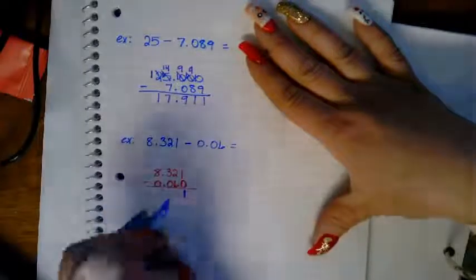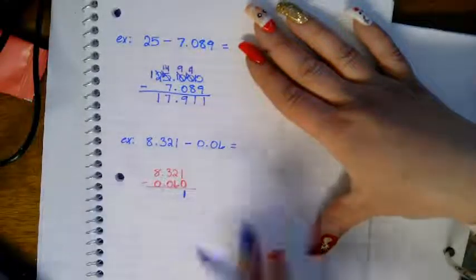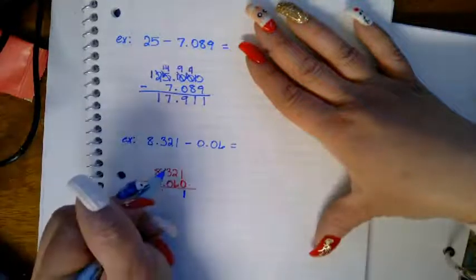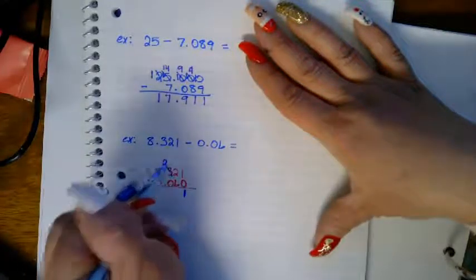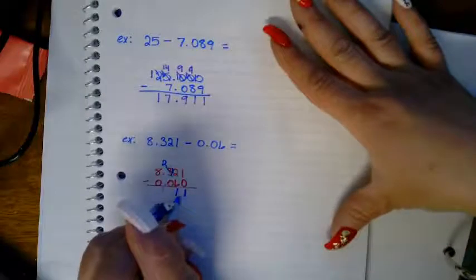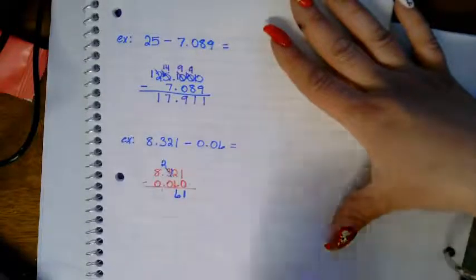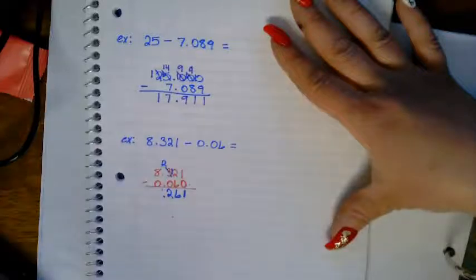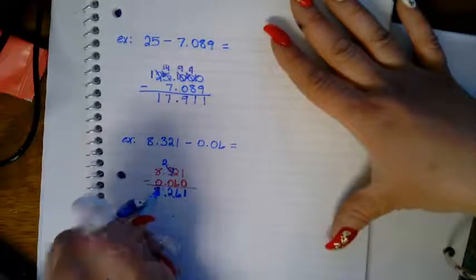I need new markers, you guys. Okay, 2 minus 6, we can't do that because that would be a negative number. So let's borrow from this 3. It now becomes a 2. And the one we borrowed goes in front of the 2. So now we have 12 minus 6. That should give us 6. Then we have 2 minus 0, which gives us 2. Decimal point. And then 8 minus 0 gives us 8.